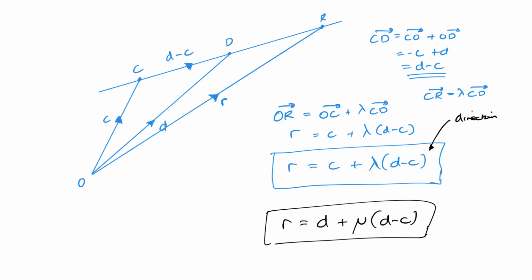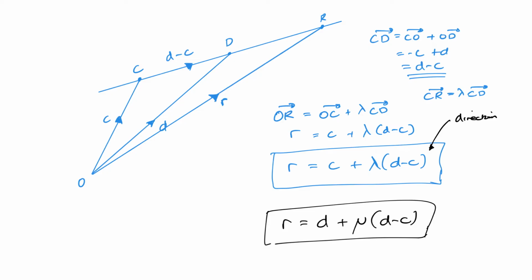Because I could go up D and then along, but the length of this is going to be different to the length of this. So DR is different size to CR. So I'll use that mu in this one.